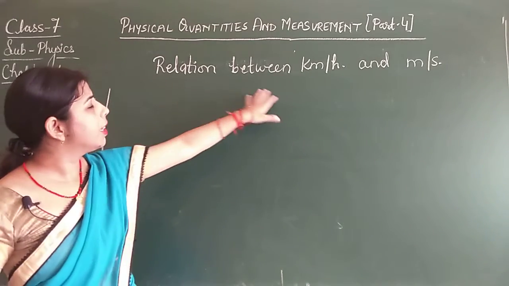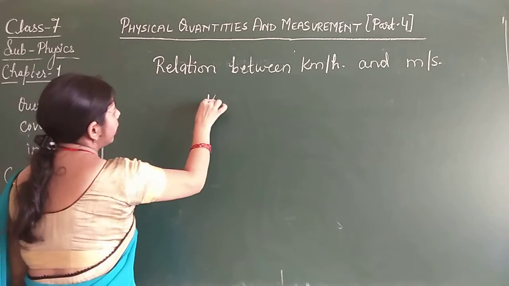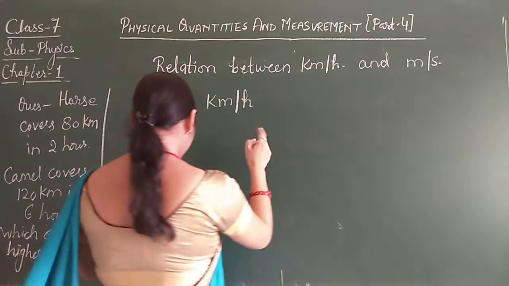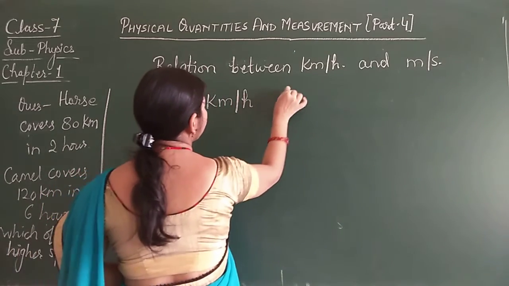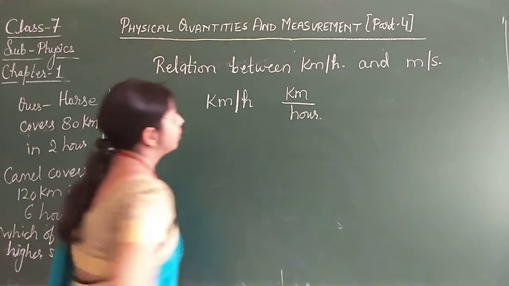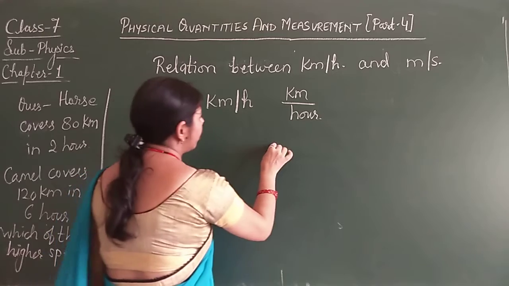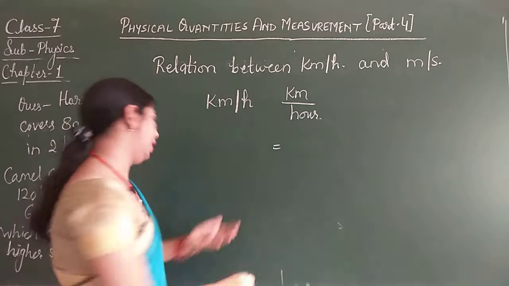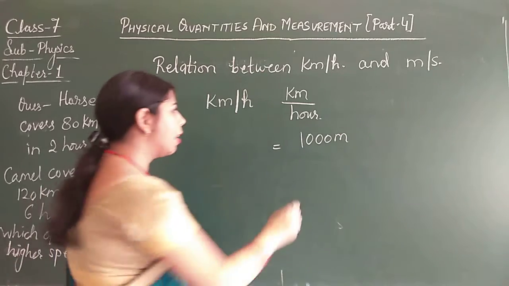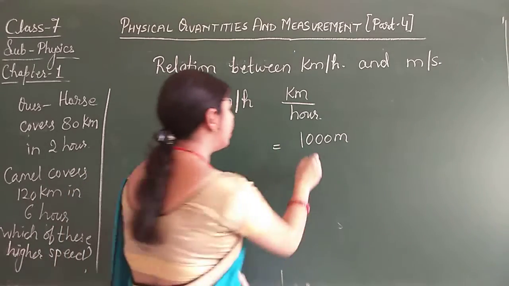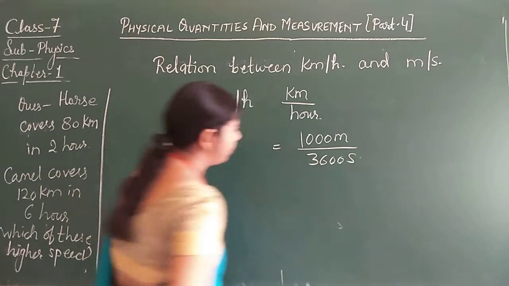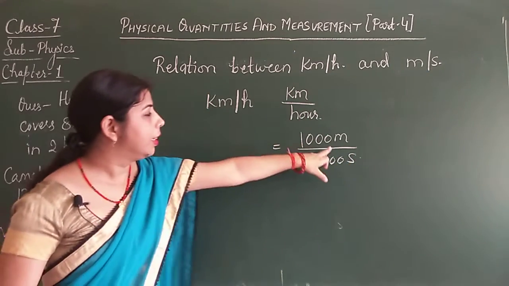Now how can we show kilometer per hour? We can write it as kilometer by hour. For kilometer it is 1000 meter, and for hour, 60 into 60, that means 3600 second. Now divide this.